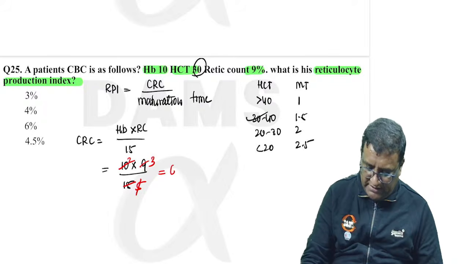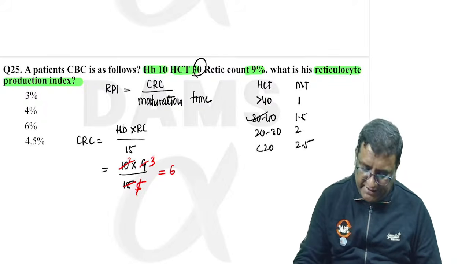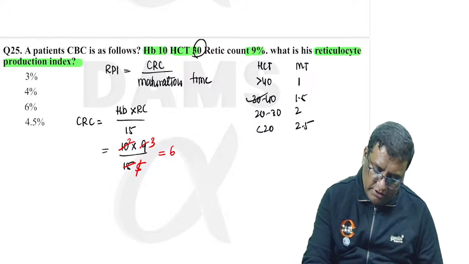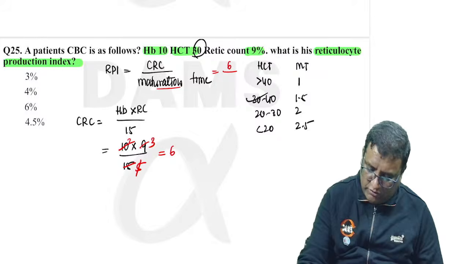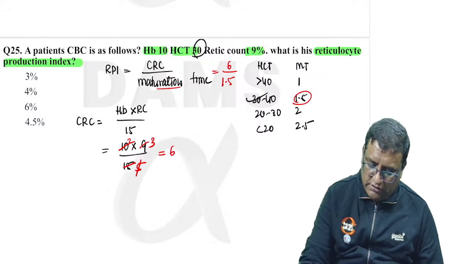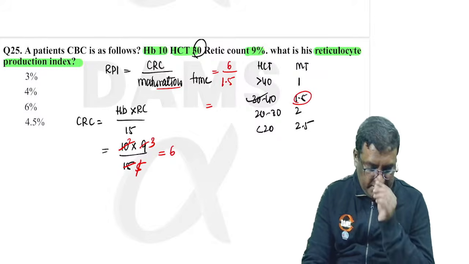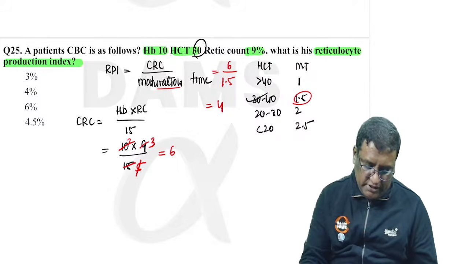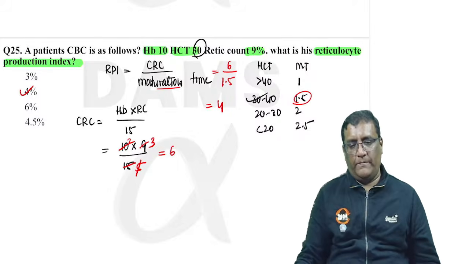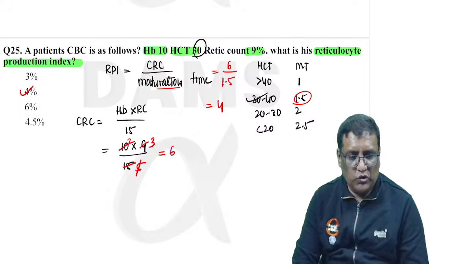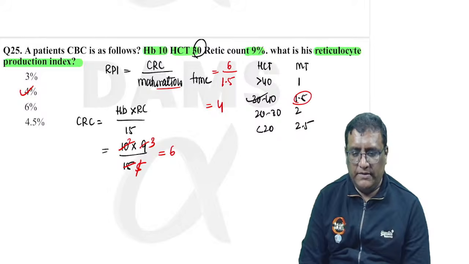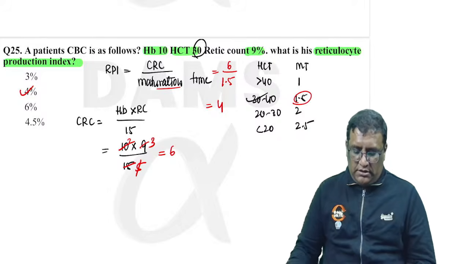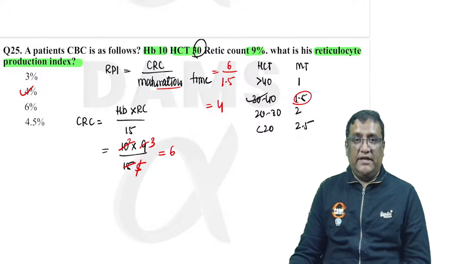So CRC is 6. Then RPI is CRC 6 divided by the maturation time, 1.5. So the value is 4. That is the correct answer, option B, 4. Right? So this is your RPI and CRC.